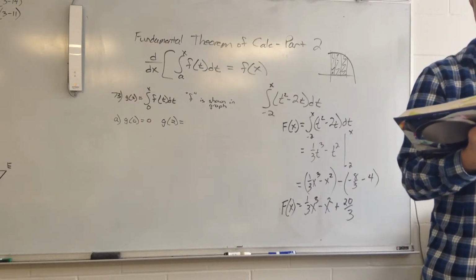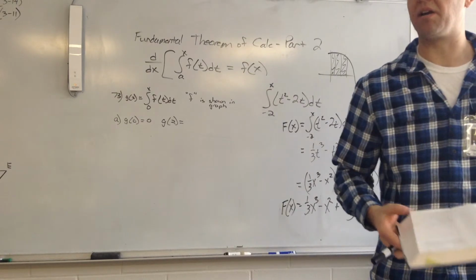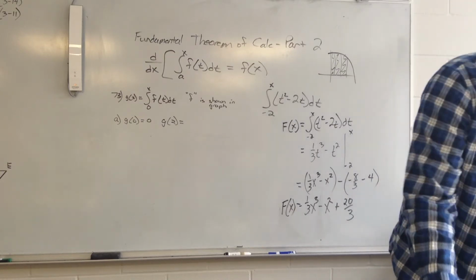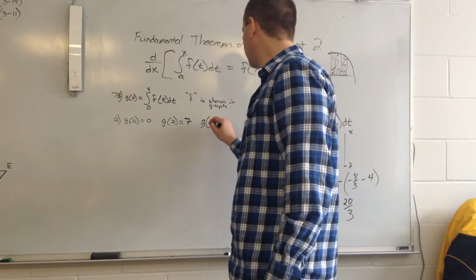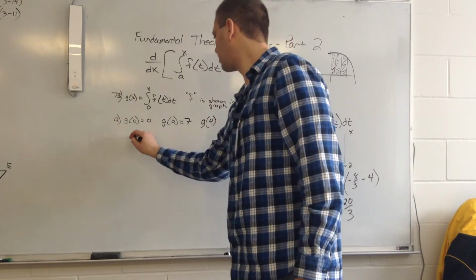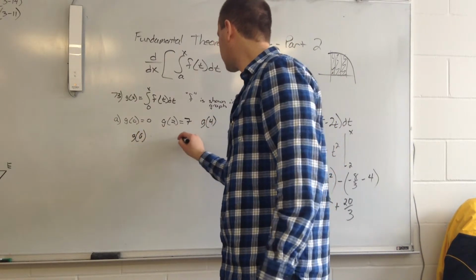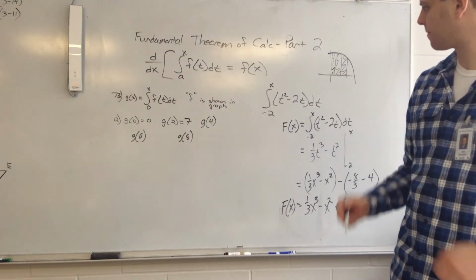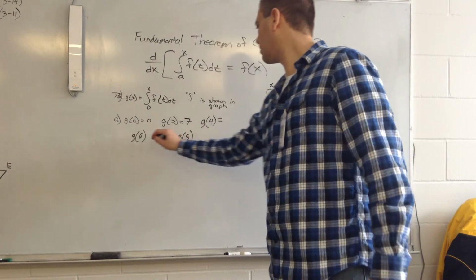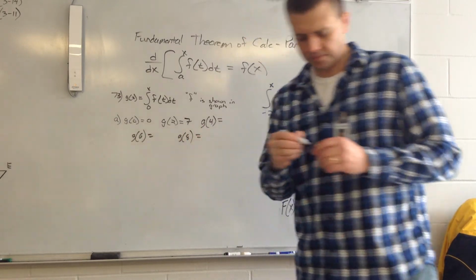Close enough, because we're estimating, right? It's a little over, but it's close. Okay, close to 7. How about g of 4? g of 6? g of, do we do 8? No. Yep. Estimate those.